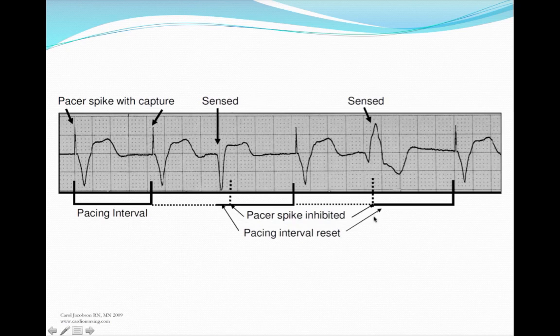And then moving along, you see a pacer spike, wide QRS, and then again there's what looks like a PVC, so the pacemaker sensed that, you see the dotted line on the bottom, and therefore did not fire a beat. And then again it picks back up with a pacer spike and a wide QRS. So it's doing exactly what it needs to be doing.